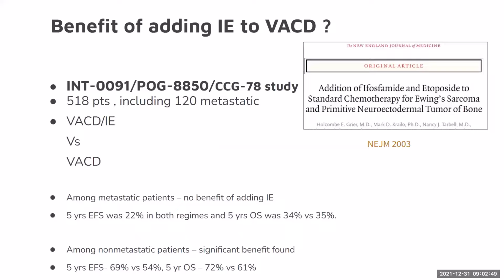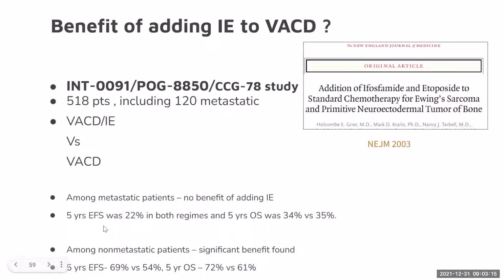Then came another trial, because people found that ifosfamide and etoposide are also very active drugs in Ewing sarcoma. So they randomized 518 patients, including 120 metastatic patients, into 2 arms: VACD alternating with ifosfamide and etoposide, versus VACD alone. And they found that in the metastatic subgroup, there was no benefit of adding ifosfamide.